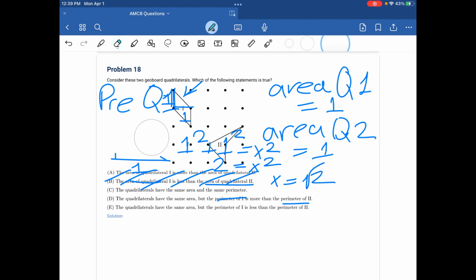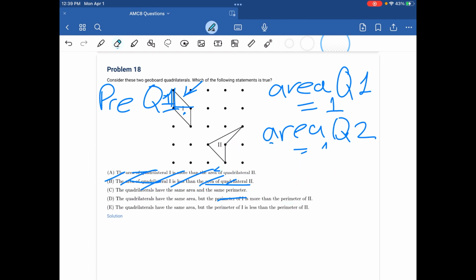So we know that side. Let me just erase everything here. This side over here is equal to, sorry, not 1, square root of 2. These two sides are actually the same, so this side is also square root of 2.